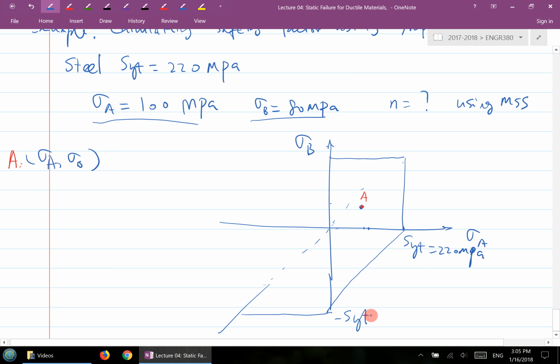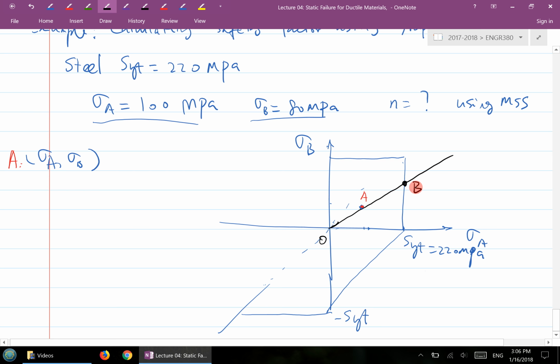And now you have your sigma A here. So the last step is, you draw a line connecting OA, out of the OA here, and that line will intersect with the boundary at the B location.